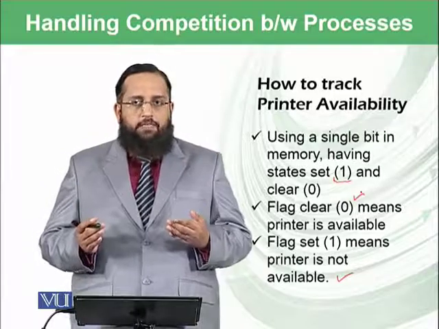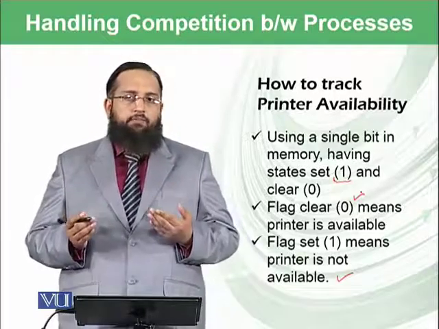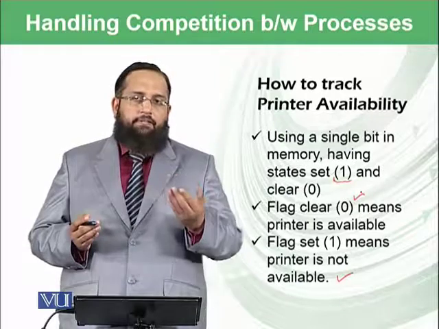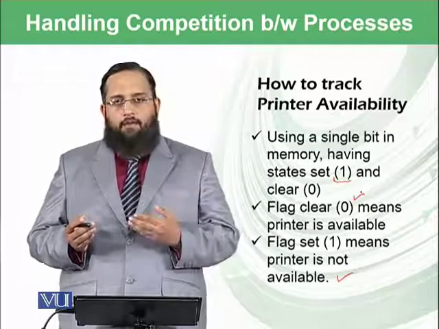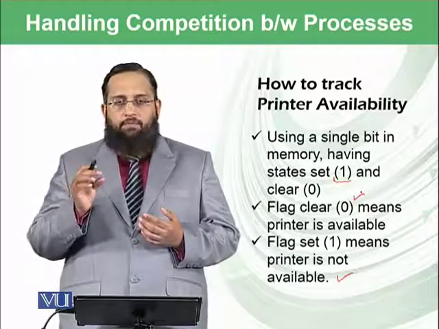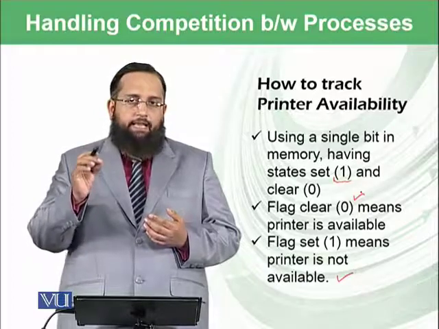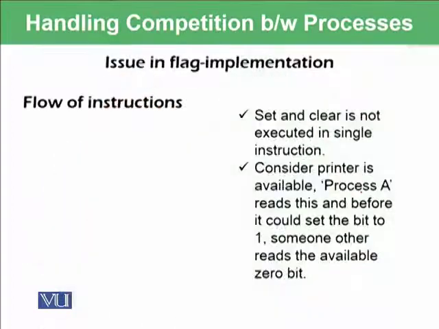So this is a very easy way to check whether the printer is available or not, and we can put this information in one bit in the main memory. Let's see whether storing such a bit would be okay or whether it may have certain problems.